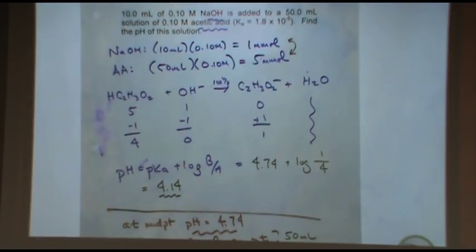So the total volume at the equivalence point would be 100, because it would be 50 each, but the amount of base that you added would just be 50. And that's usually what we're asking for when we apply the volume, because usually we're starting the volume at 0. If we're starting the volume at 50 at the origin, then yes, that's what we'd be looking for. But usually it's just the amount of base, or technically the amount of titrant that was added.